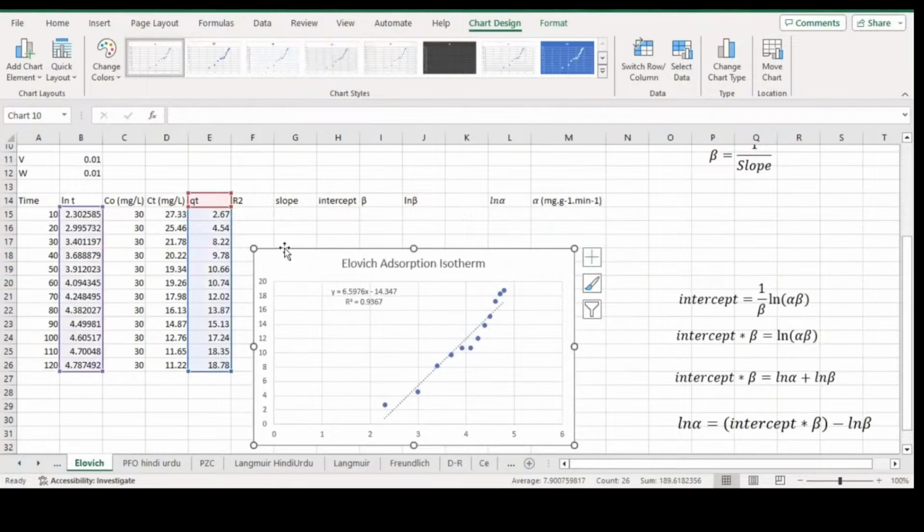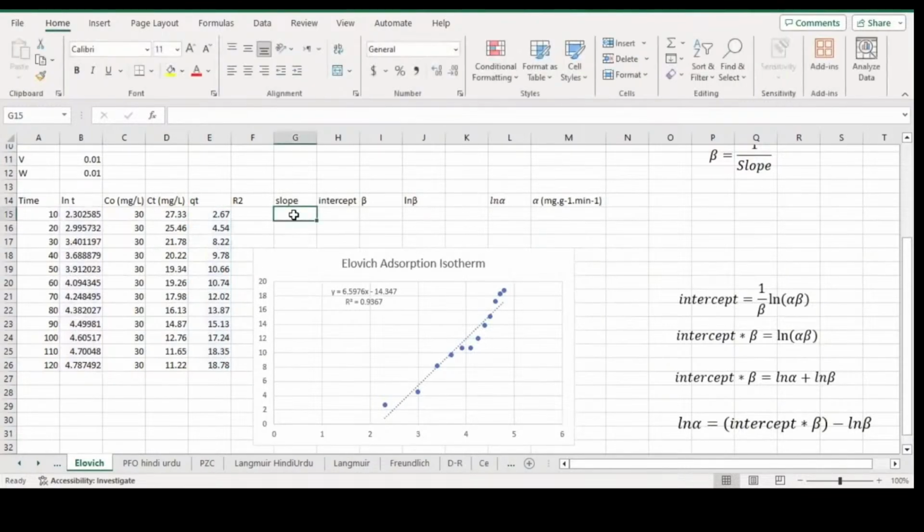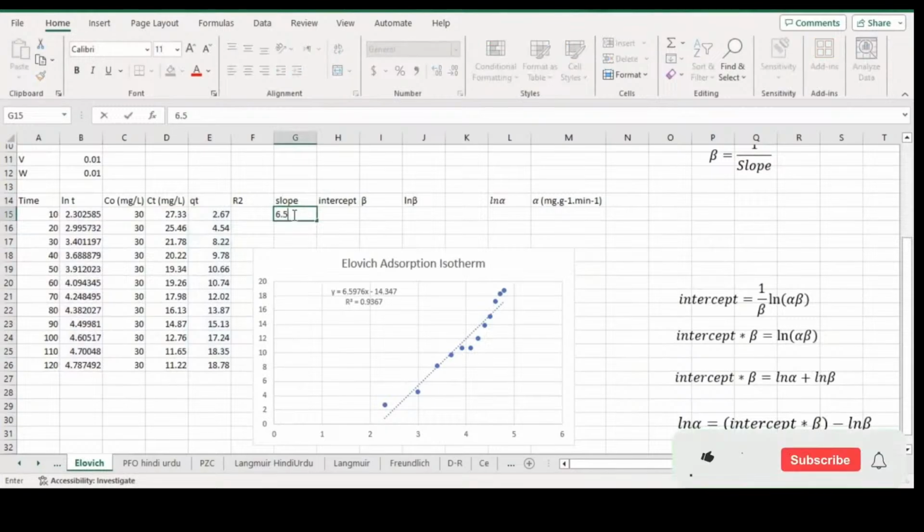So our slope over here is 6.5976 while our intercept is minus 14.347.